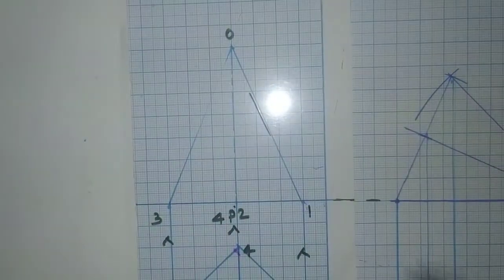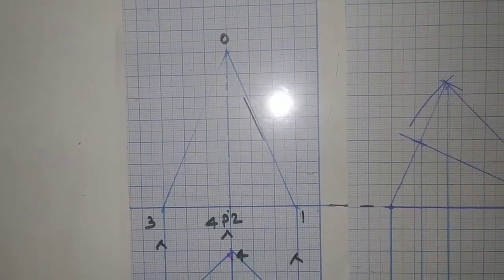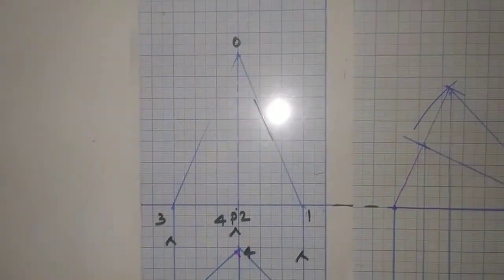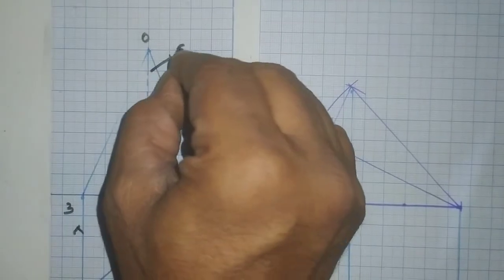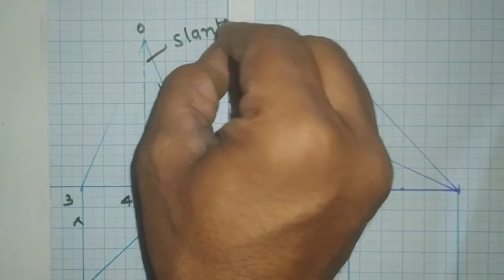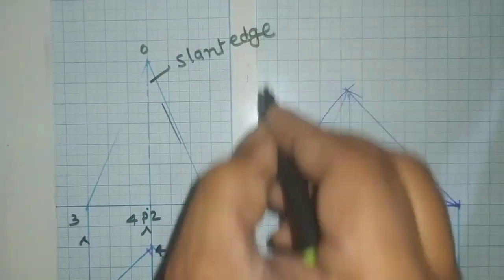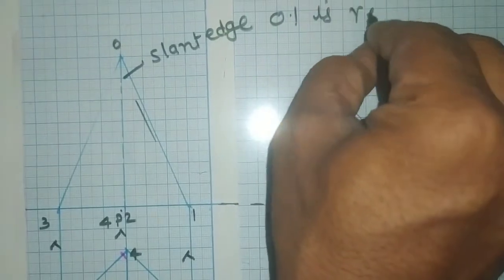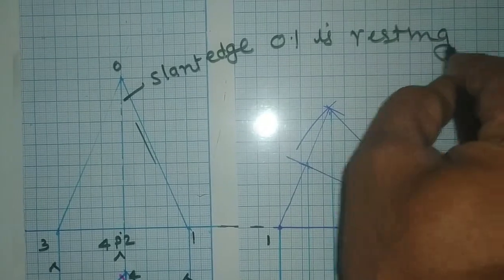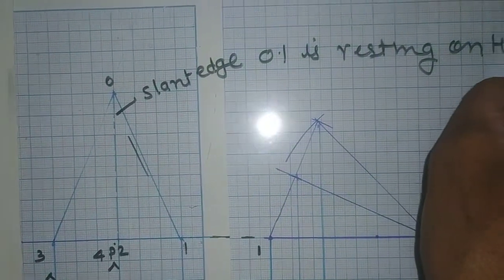Then draw this triangle. Now this O1 is resting. Take a point 1 here. This O1 is called a slant edge. And this O1 is resting on HP.